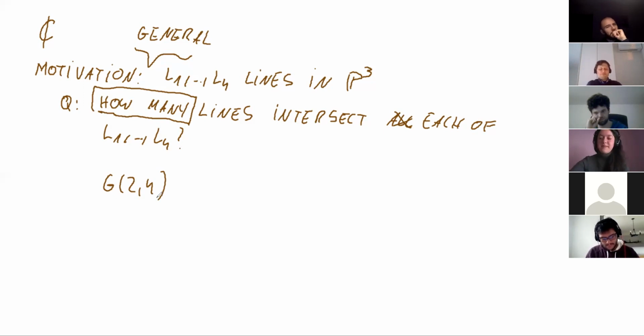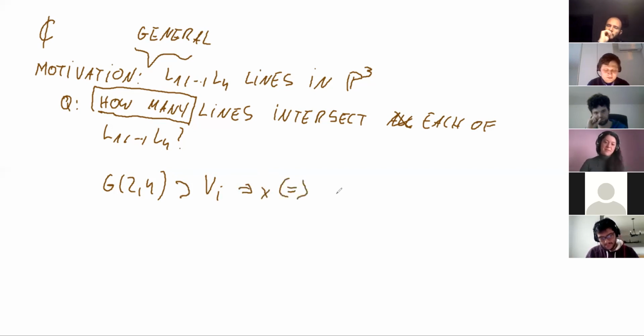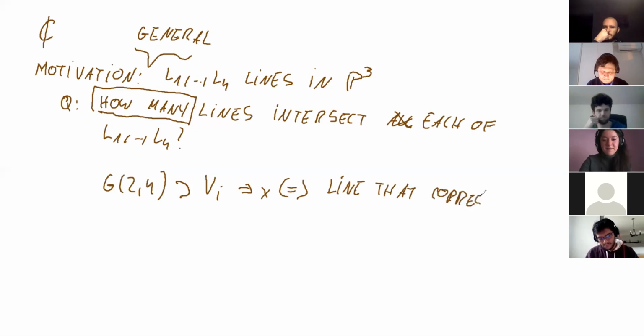I denote it by G24. And inside of this, there is a variety, let me call it Vi, so that X belongs to Vi if and only if the line that corresponds to X intersects Li.